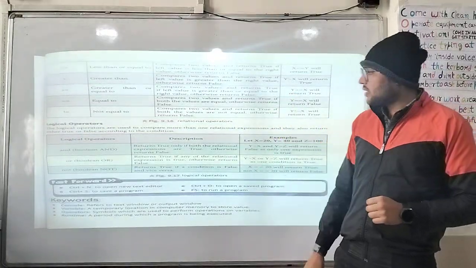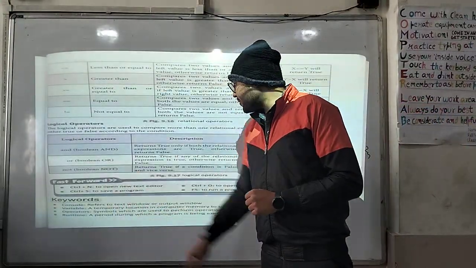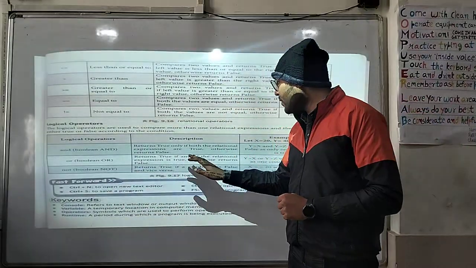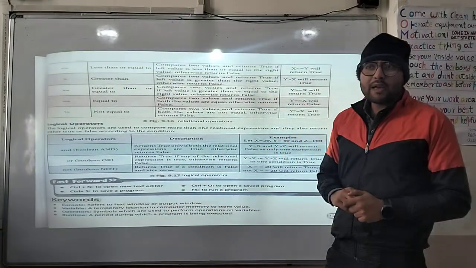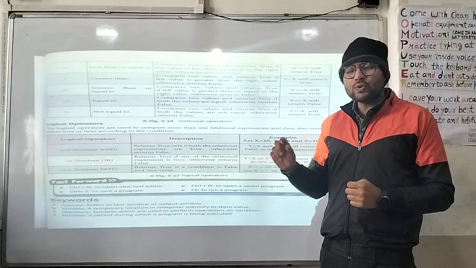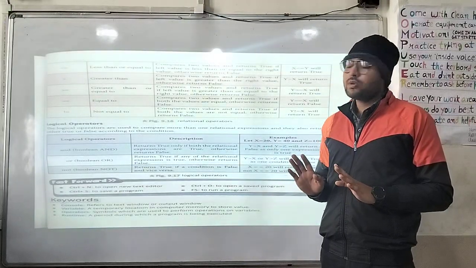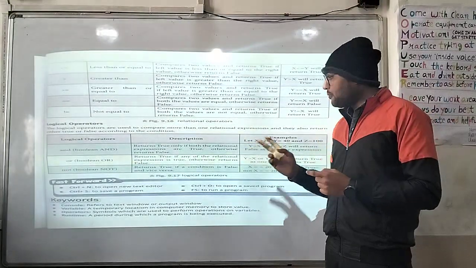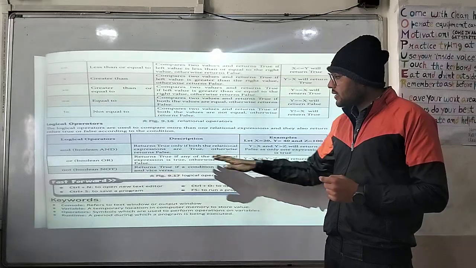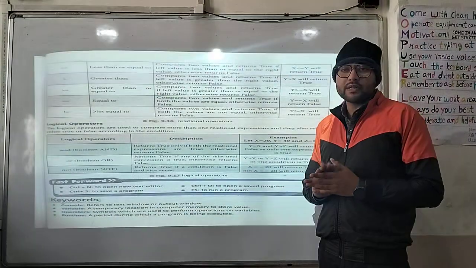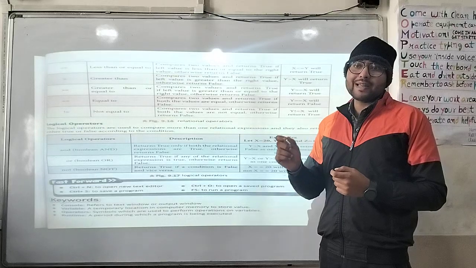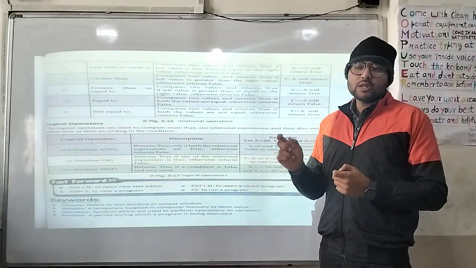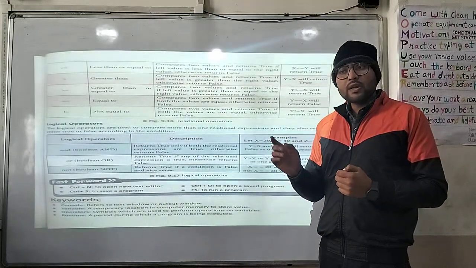Now the OR operator returns true if any of the relational expressions is true. If OR gets one true, it will return true. If I pass two things to the OR operator, one false and one true, OR will return true. If you get at least one true in OR, you get the output true.